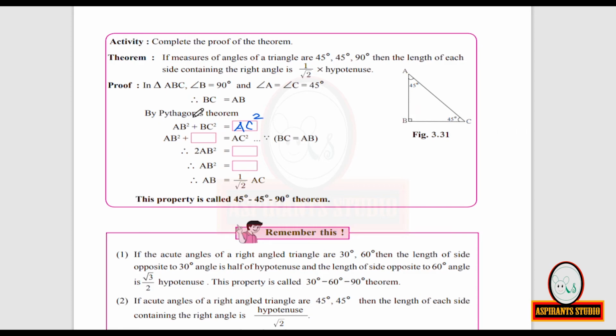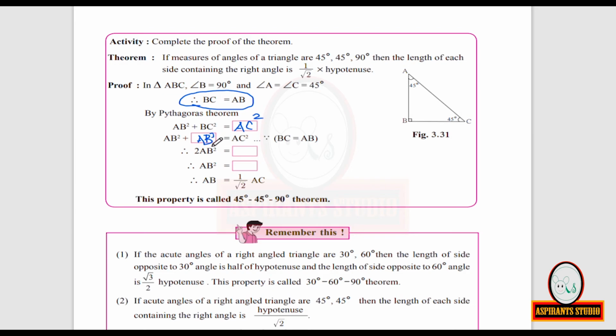Now we have BC is equal to AB by the first equation which we have already proved. So instead of BC square, here we can substitute AB square. BC is equal to AB, so BC square will become AB square. So inside the box you will write AB square.